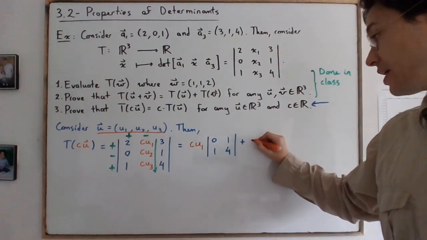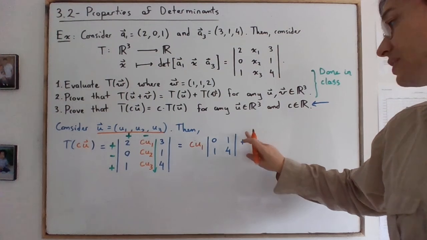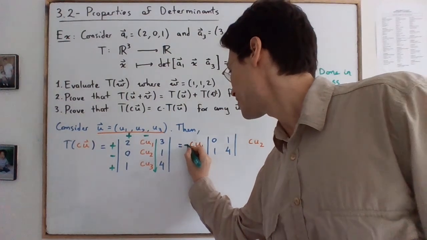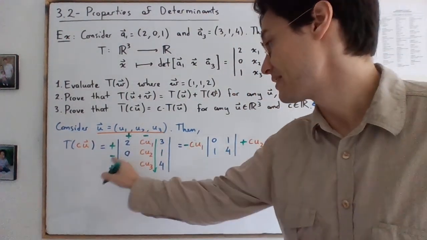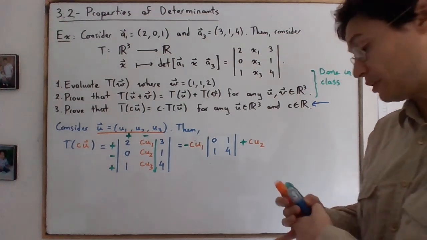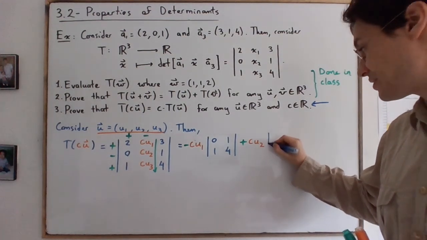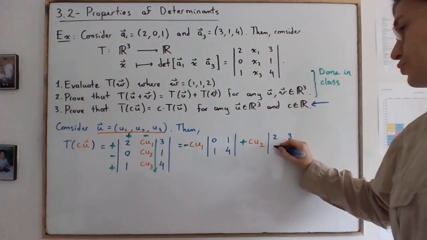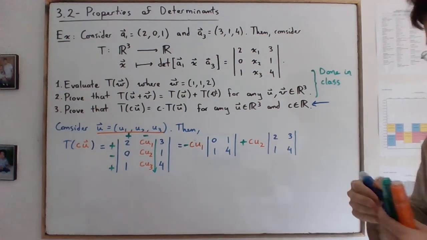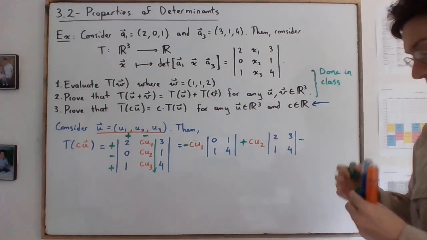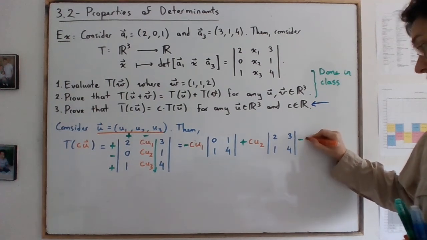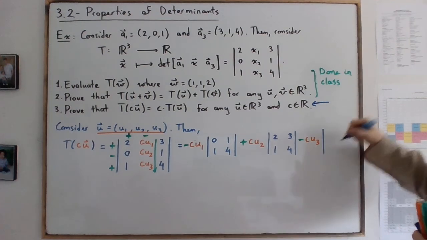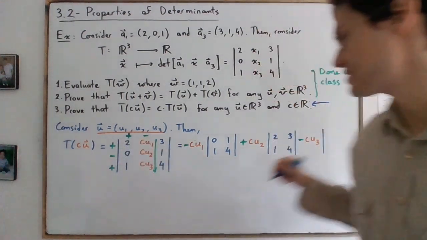Then you're going to have cu2. Here I have to be careful, I forgot my signs. There's a negative in front of this one, and this one becomes positive because it's the product of two negatives. So plus cu2 times the determinant of 2, 3, 1, 4. And finally minus cu3 times the determinant of 2, 1, 3, 0.